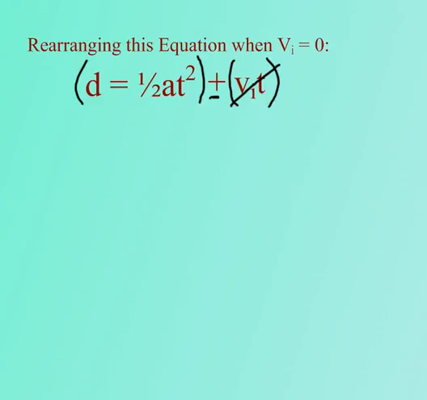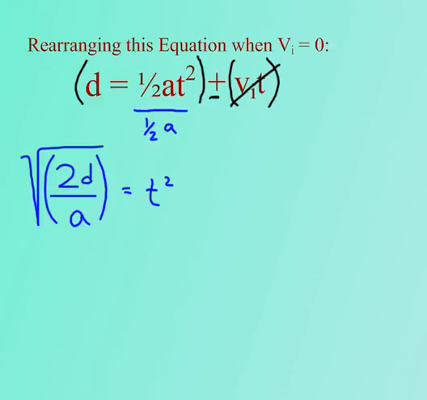To rearrange that, for instance, for time, we'd have to divide by 1/2 of a, which is the same as multiplying by 2 and dividing by a. That gives us on the other side 2d over a, which would be equal to t squared. Since what we're looking for is squared, we need to separate everything else off, and then you can square root that entire quantity.